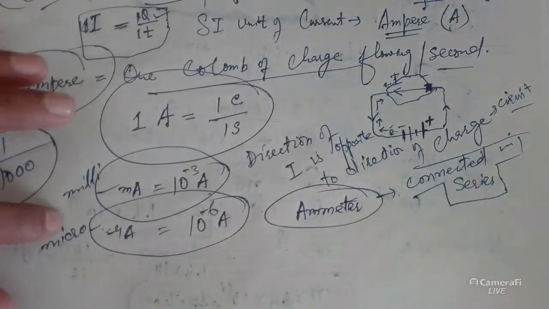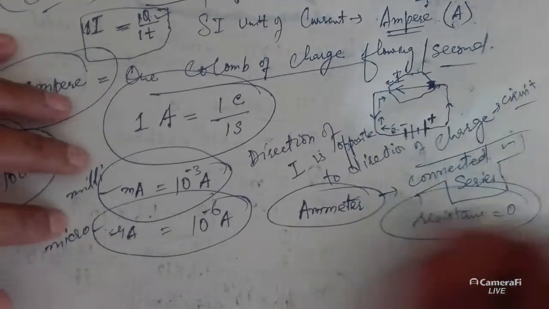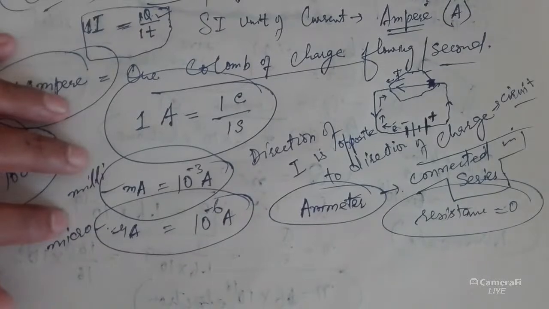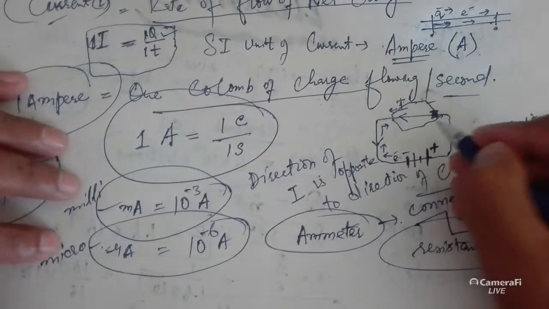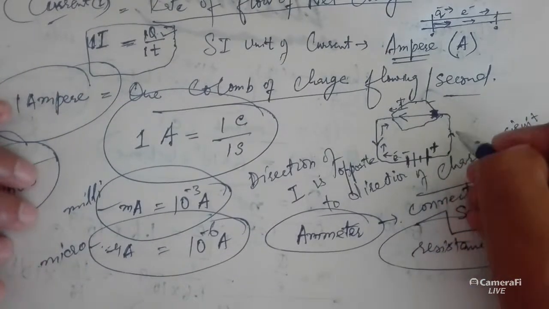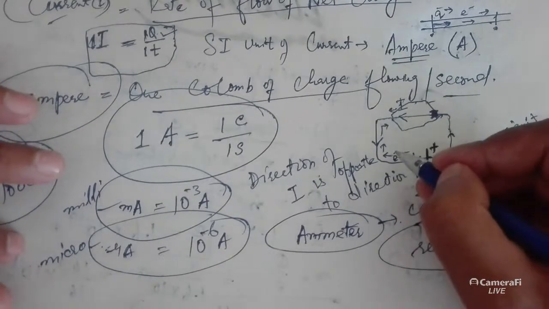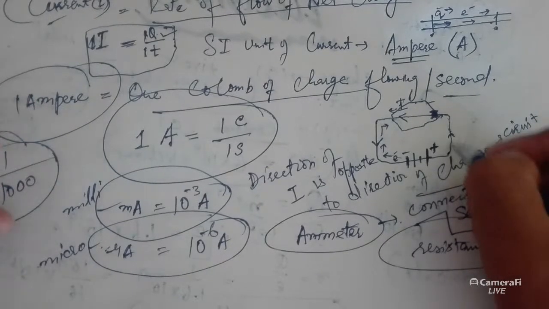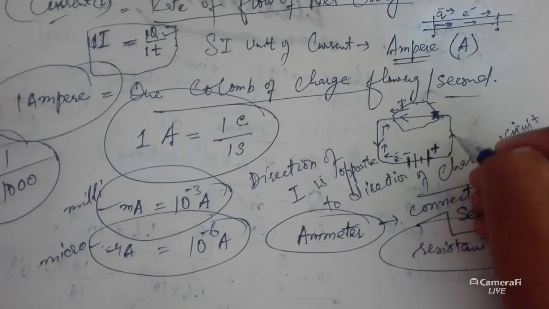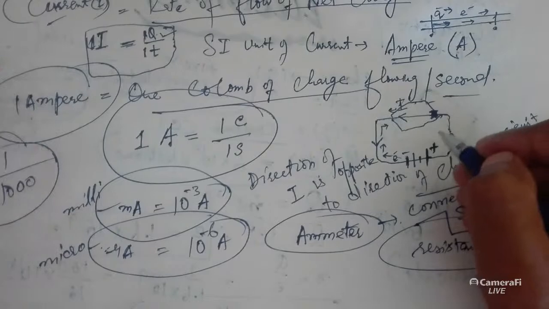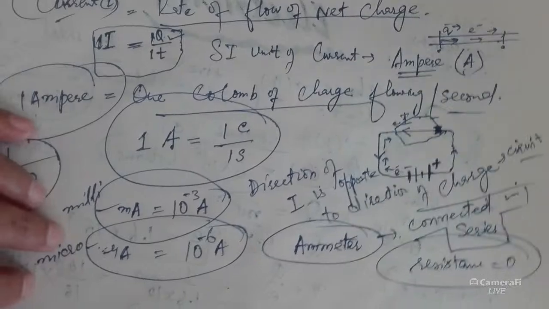Ideally, the resistance in an ammeter should actually be 0. Resistance means the hindrance, that is the blockage of current. Because metals will be different, when we try to pass the electrons, sometimes it becomes very tough for electrons to move very fast. Something stops them, makes a barrier for them, and that we call resistance. So this resistance also we will come to know in the future of this lecture.